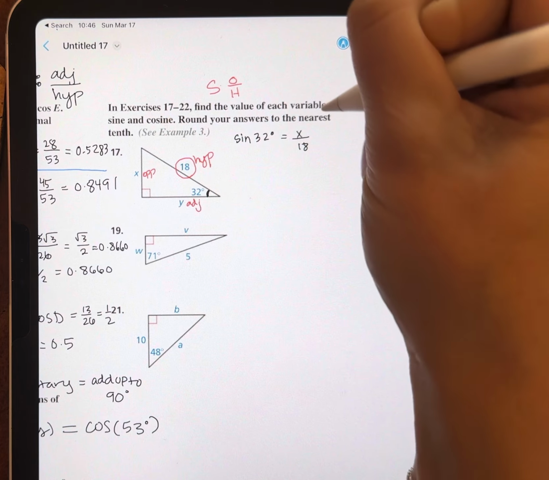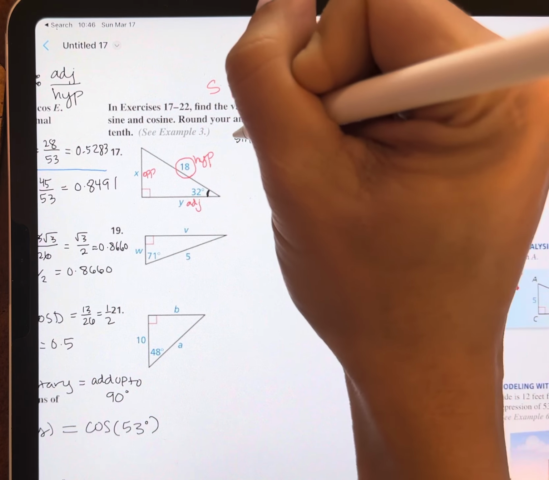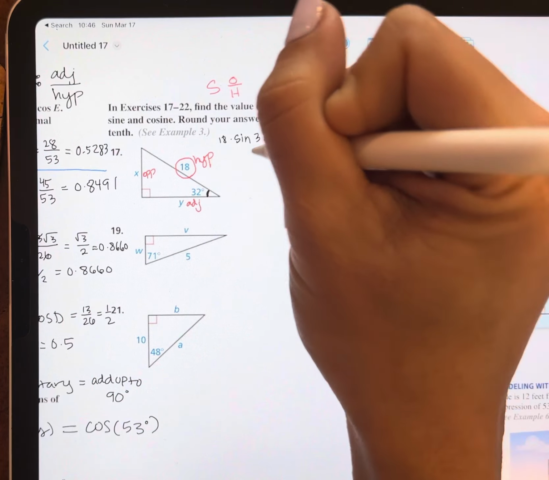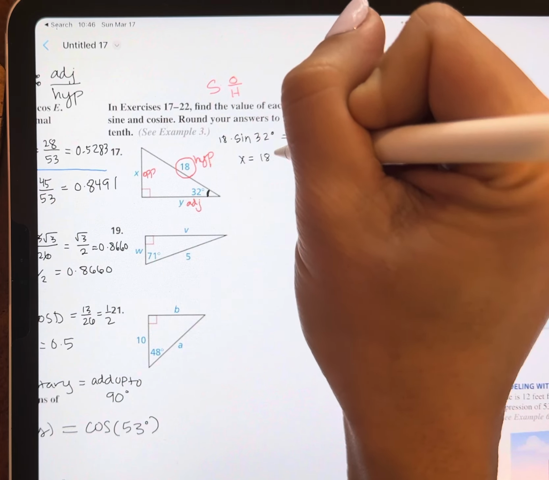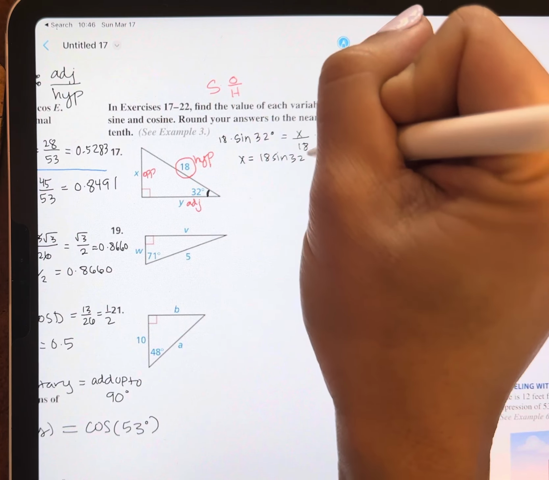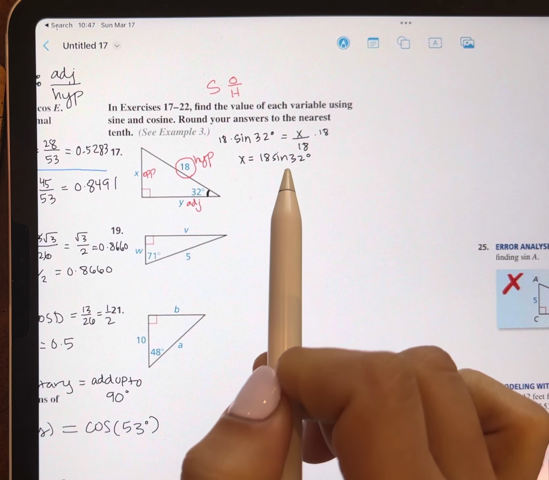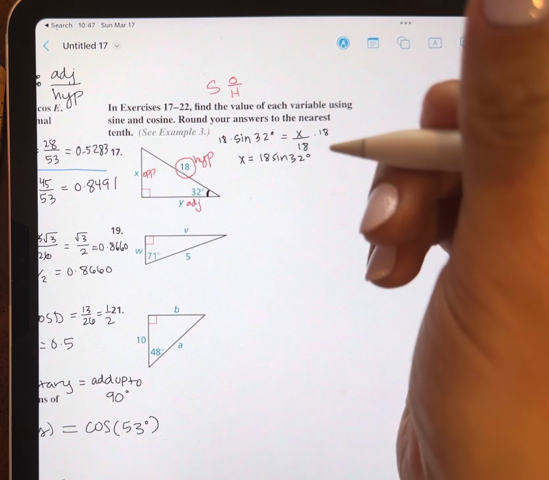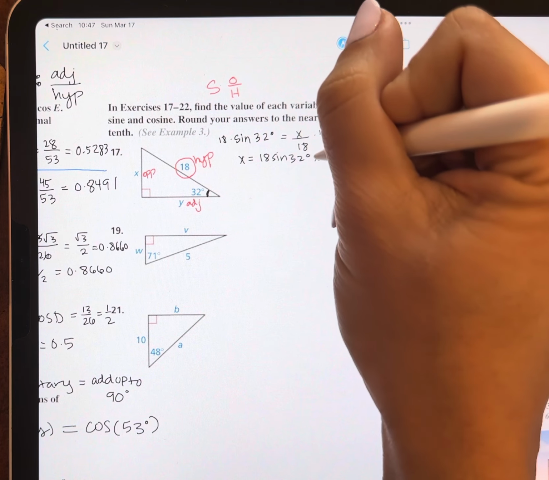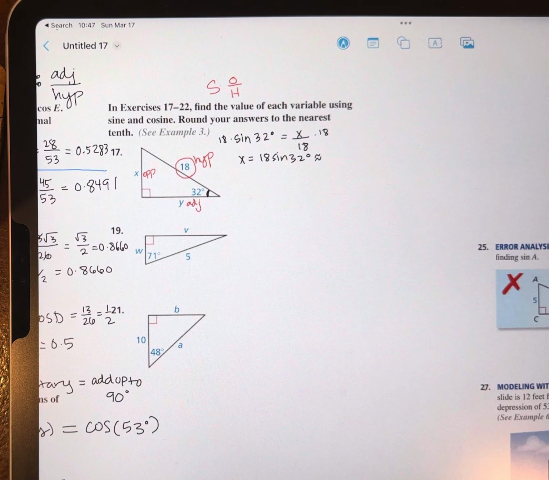And now to solve this, I just multiply both sides by that 18. And I get that x equals 18 sine of 32 degrees. And now if I wanted an exact answer, that would be it. As weird as it looks, that is a great exact answer.